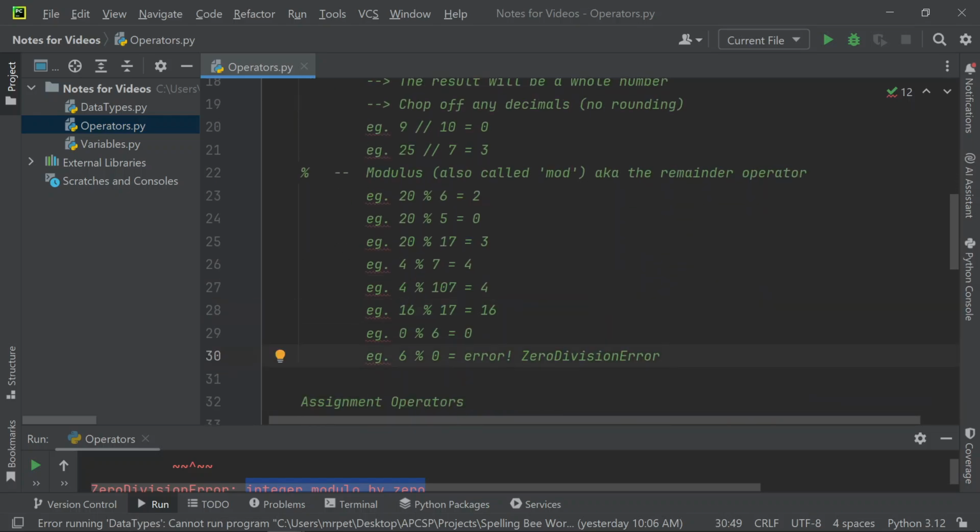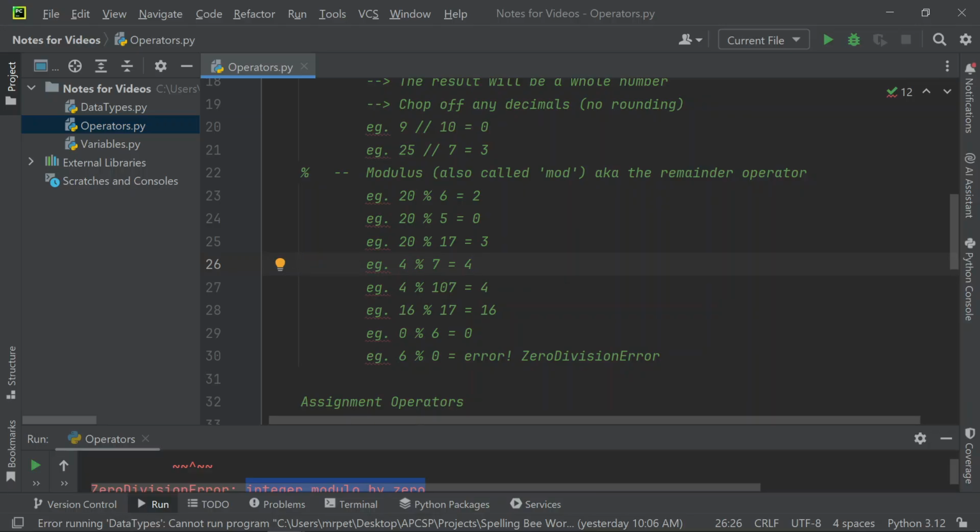All right, so that is modulus. You may want to refer back to these examples, write some notes on why you get these results, because it is a new type of mathematics, kind of. It's something you haven't practiced for a long time. So you may want to write some extra notes here. And remember this, because we're going to be using this a lot. This is actually a very important operator in programming.